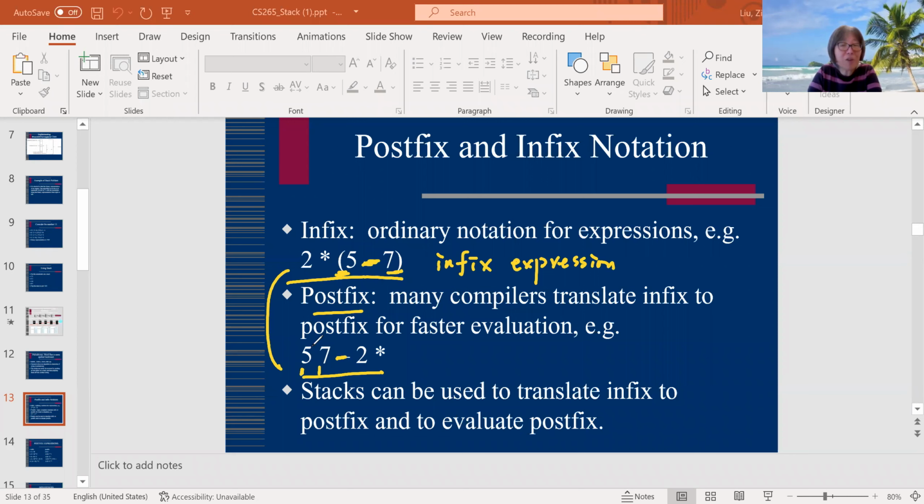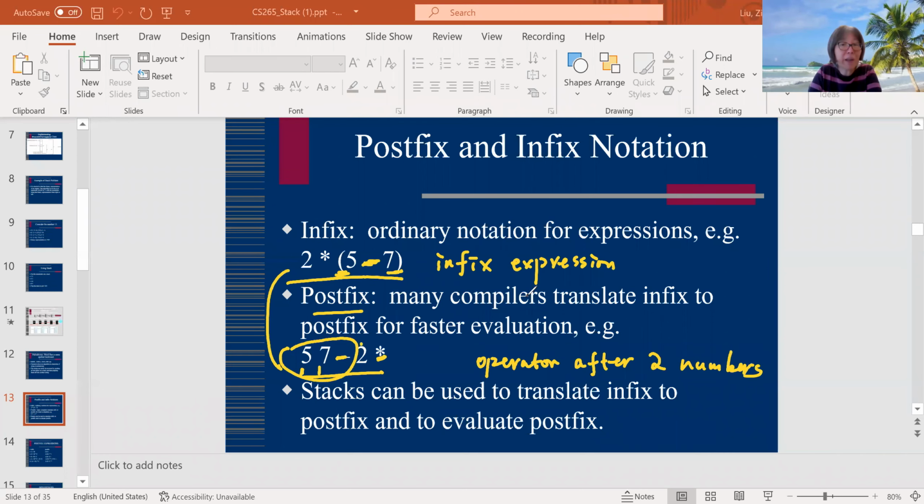And after that, this is going to be a number again, and then you have another number, and then you have an operator. So this kind of expression, where the operator is after two numbers, we call a postfix expression.